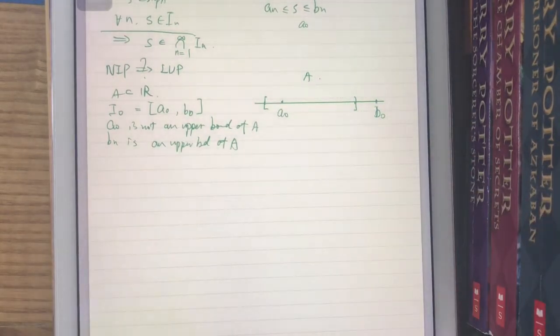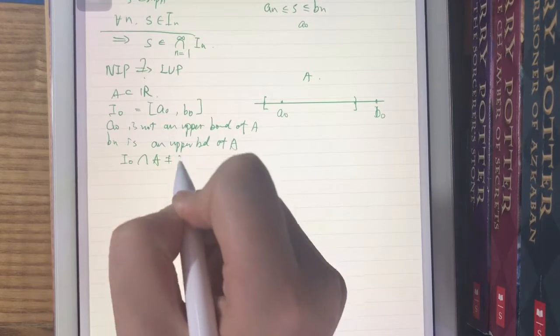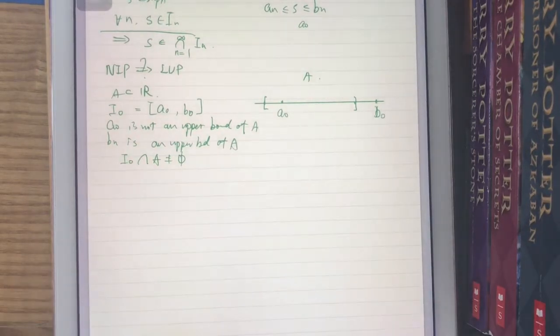Okay. So this is I naught, and we're proceeding to find I1, I2, I3, right? Well, first we notice that I naught intersect A is not empty, right? Because if it is empty, we cannot further find I1, I2, right?